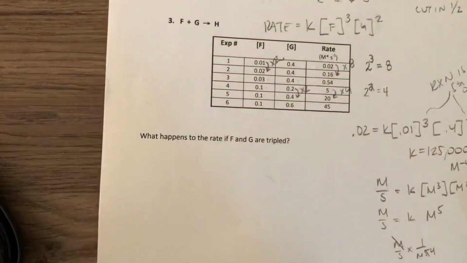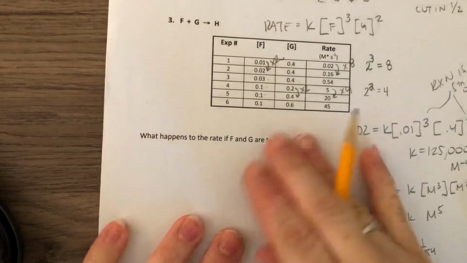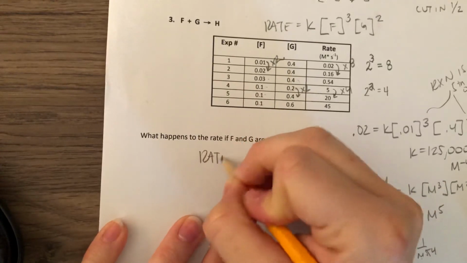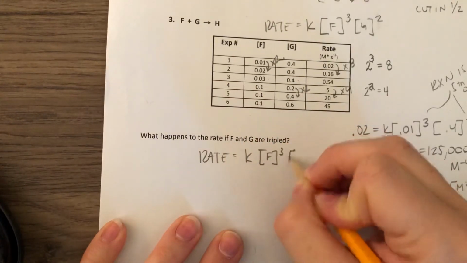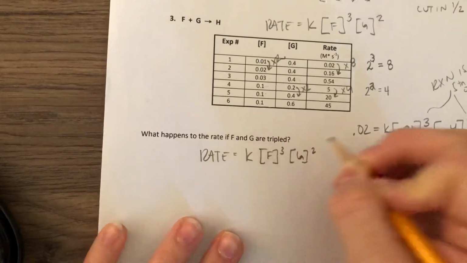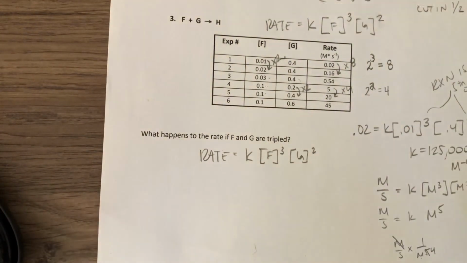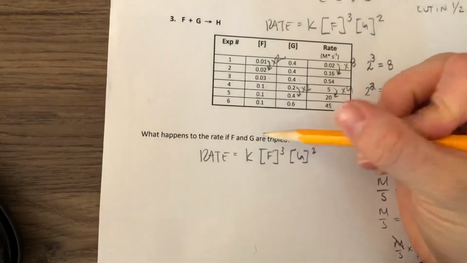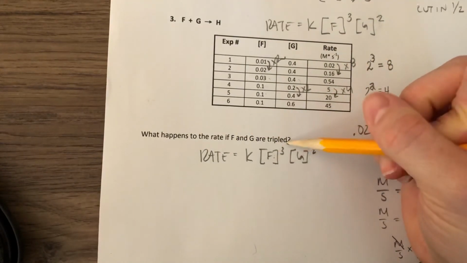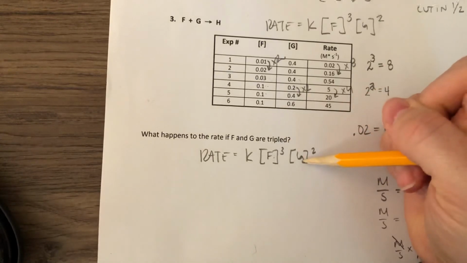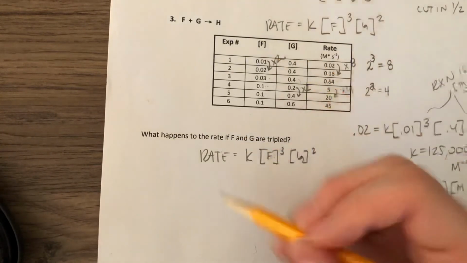All right, last question. What happens to the rate if both F and G are tripled? Okay, so rate is equal to K times F, which is third order, times G, which is second order. They don't give us numbers, but since F and G are tripled, I'm going to plug in 3 for the concentration of F and 3 for the concentration of G, and think about how that would affect the rate.